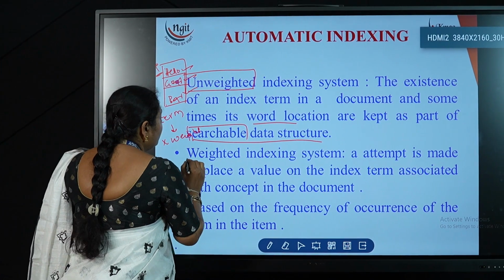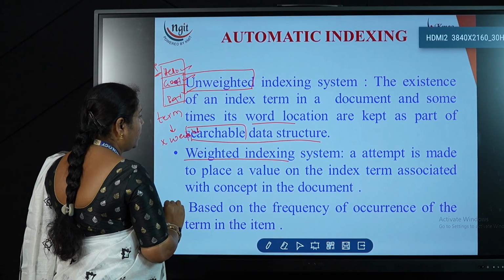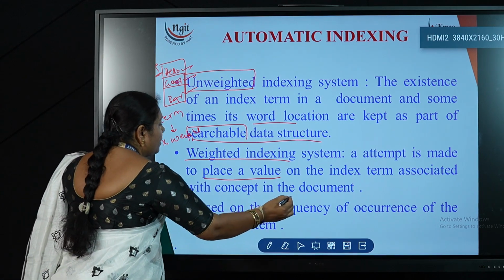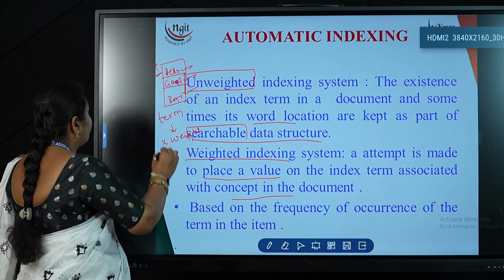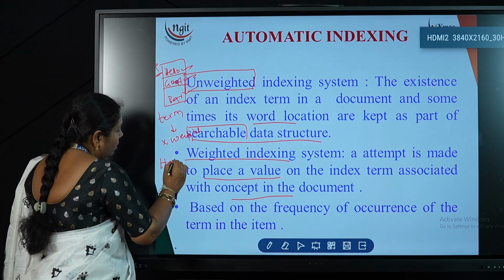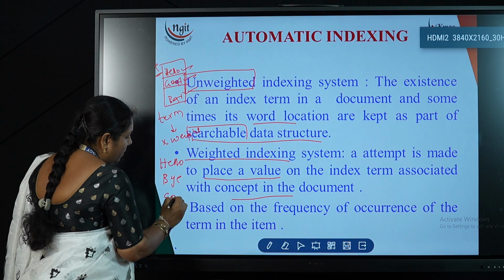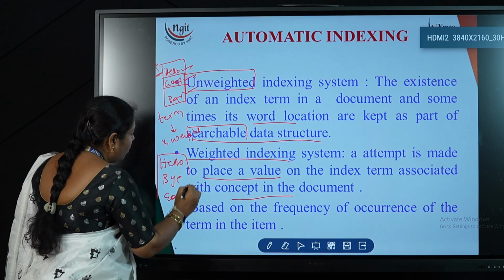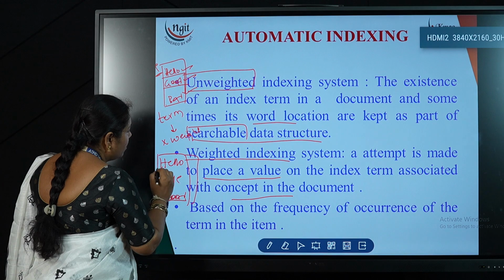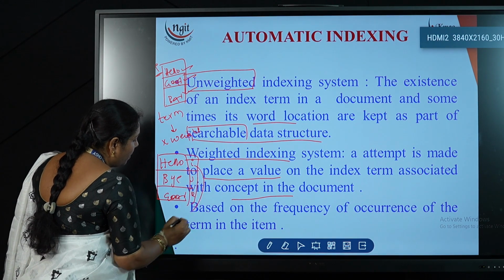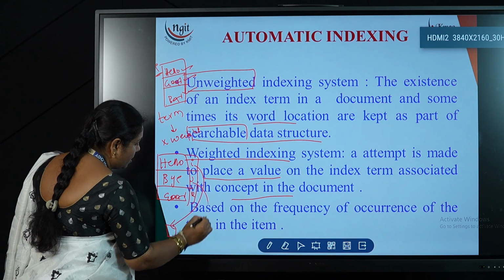The second one is the weighted indexing system. It will have some value on the index term associated with the concept in the document. For example, same, I am taking hello, bye or good, whatever it may be. I will always create one index for this, where I have a term i, j, k, which will be linked to your document.